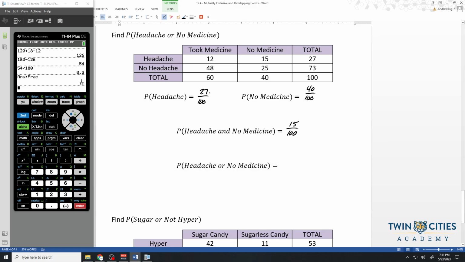So this would be 27 over 100 plus 40 over 100 minus the overlap, which is going to be 15 over 100. 27 plus 40, subtract 15. This is 52 over 100.